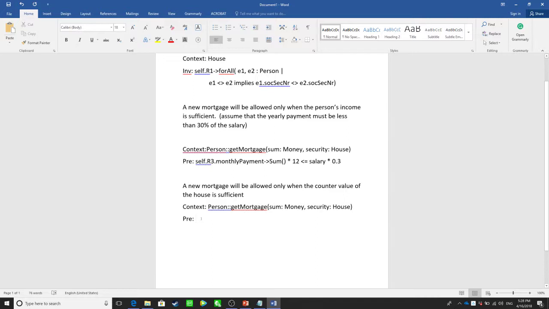So therefore, we just use sum and security. I don't know why it's called security, but it refers to the house you want to buy, okay? And sum is the amount you want to borrow from the bank. Security is the house you want to buy. And we do something to sum and security.